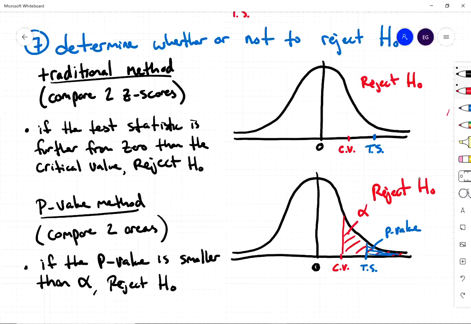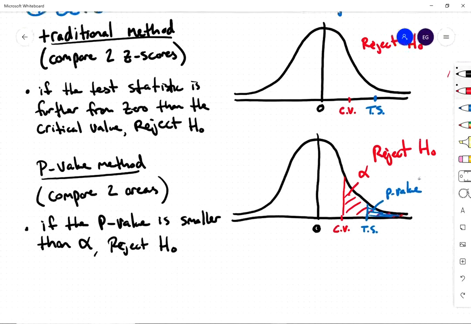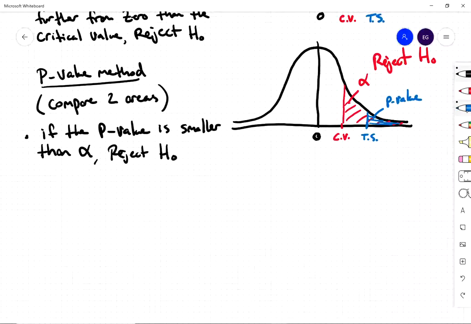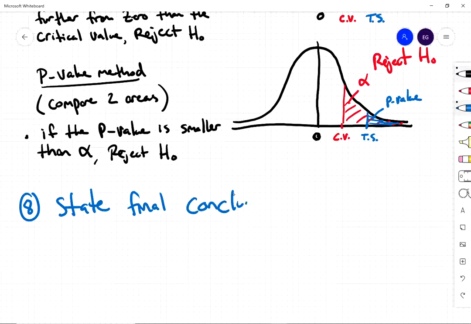Now, once you know whether or not to reject the null hypothesis, you are able to finish it up by stating the final conclusion. So step 8, state final conclusion. And there's going to be 3 options for the final conclusion.